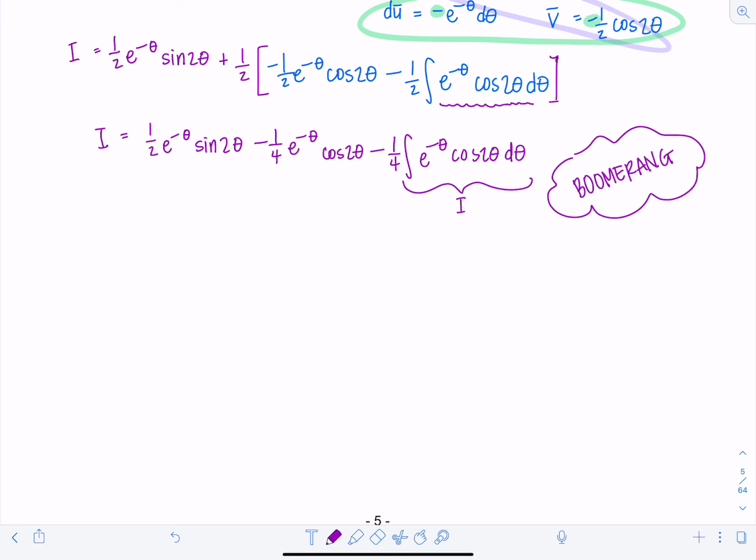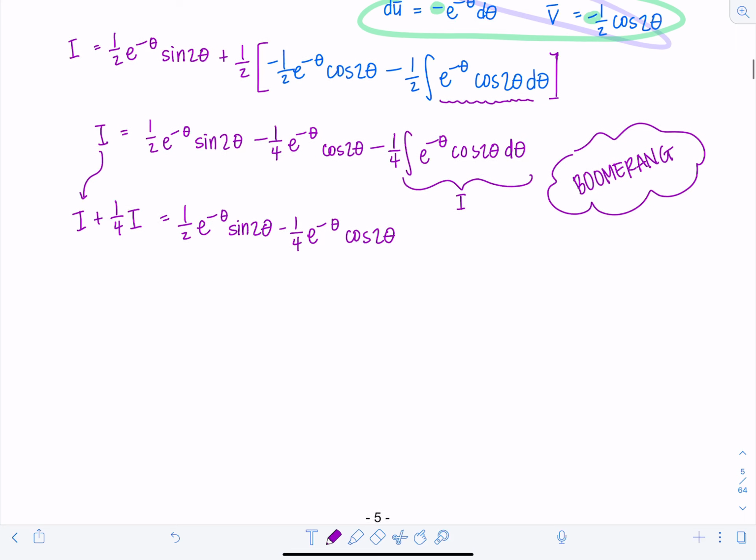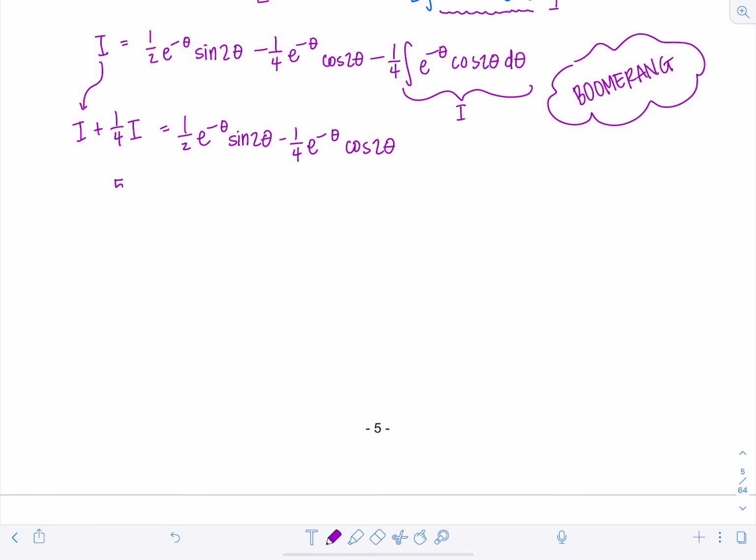So I have I already there, plus a 1/4 I equals 1/2 e to the negative theta sine 2 theta minus 1/4 e to the negative theta cosine 2 theta. So now that means I have 5/4 I equals 1/2 e to the negative theta sine 2 theta minus 1/4 e to the negative theta cosine 2 theta.